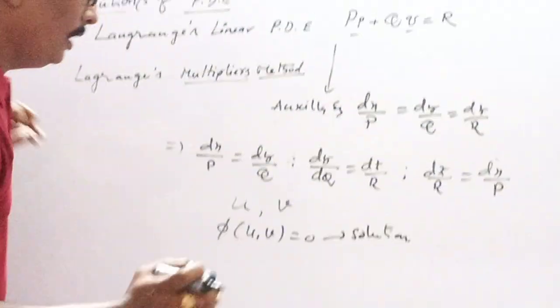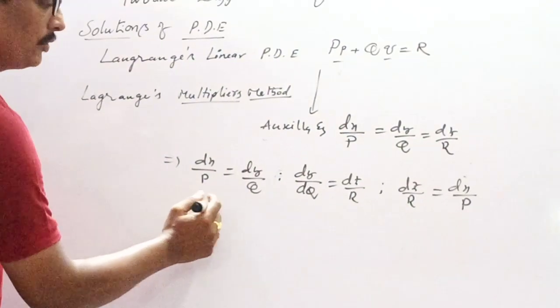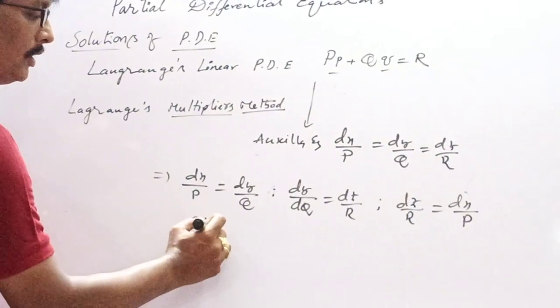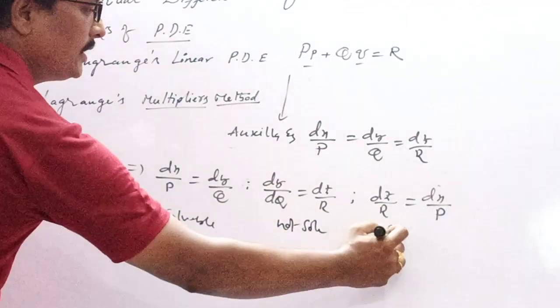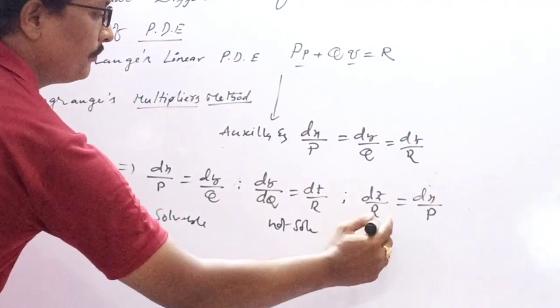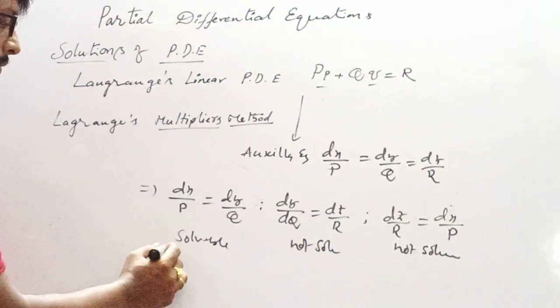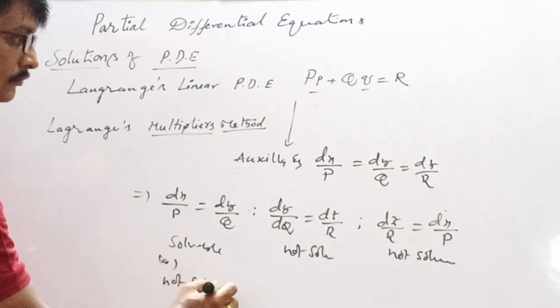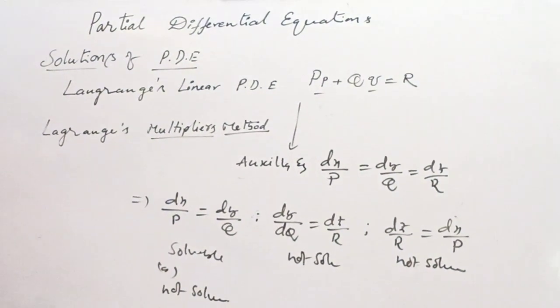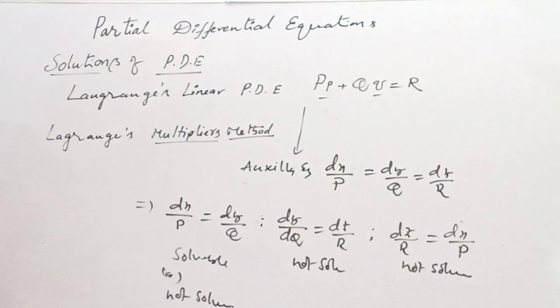Suppose the grouping method doesn't work, that is, the equations are not solvable, but we require two solutions.